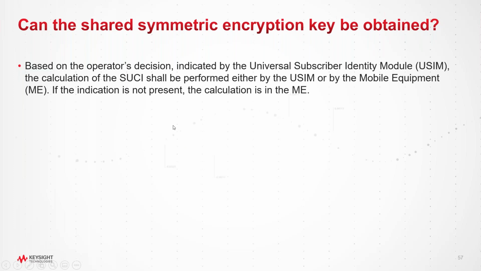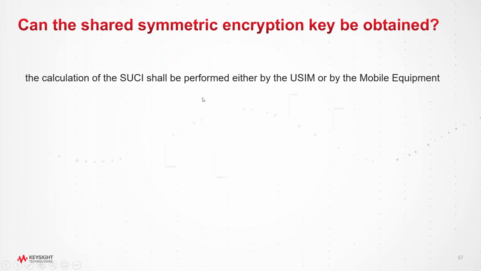So if we look at this requirement, I'm just going to shed away most of it to just focus on these words here. The calculation of the SUCI shall be performed either by the USIM or by the mobile equipment. So 3GPP is essentially saying that the implementation of the SUCI calculation is not completely specified.